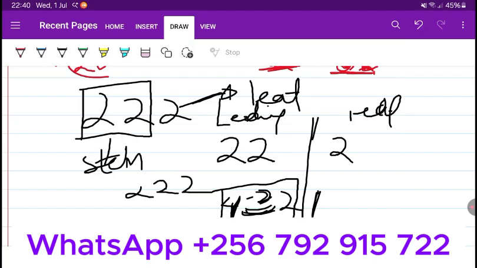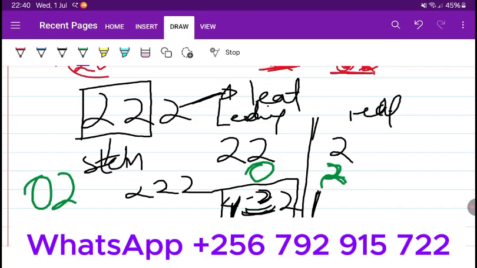Because if you write it as a stem, this is what is going to happen. If I have 02, my leading digit would be 0, then my leaf will be 2.